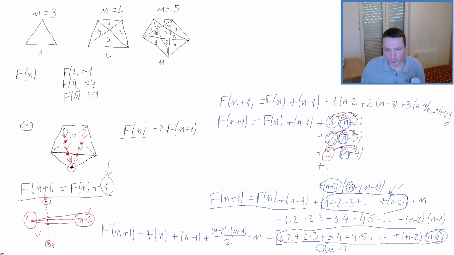And I will now show you how to first calculate this sum. So we will first calculate this sum g of n minus 1, and then later we will show how to calculate the final formula for f of n, which we want to obtain. This is our unknown at the final step.